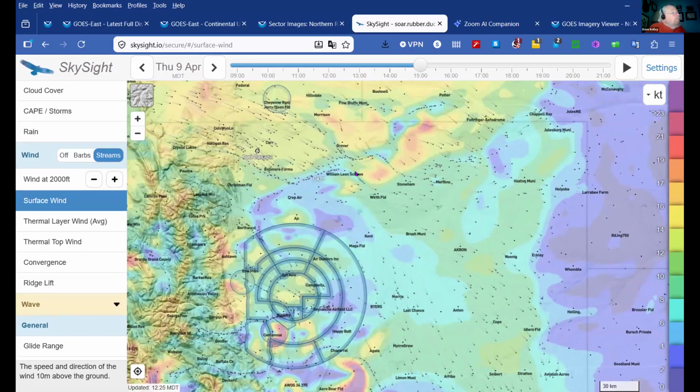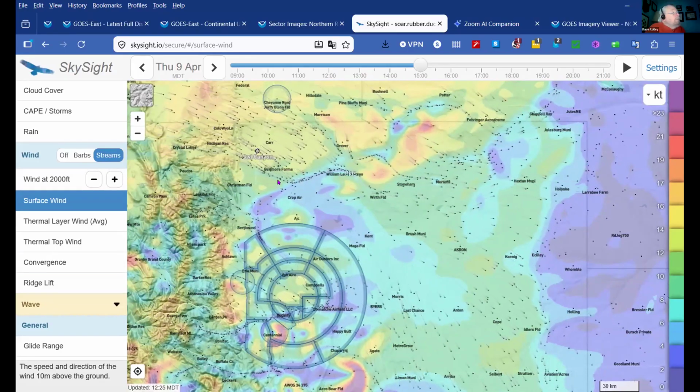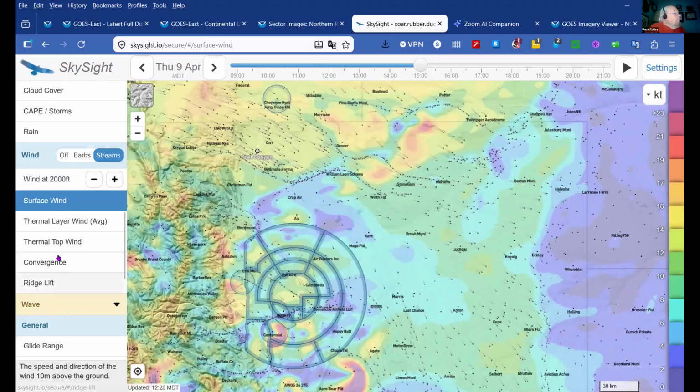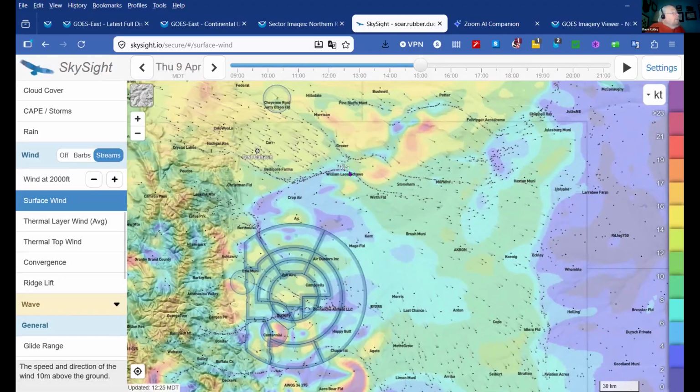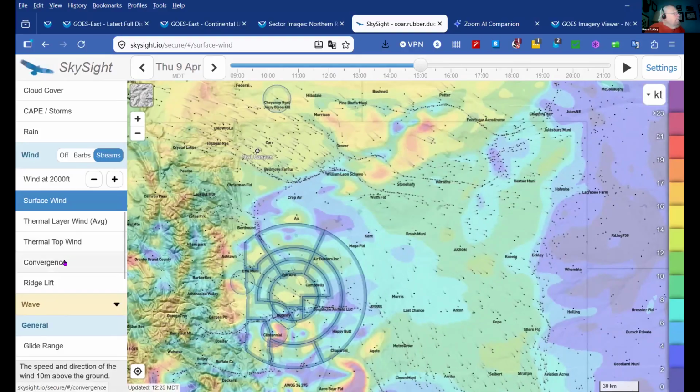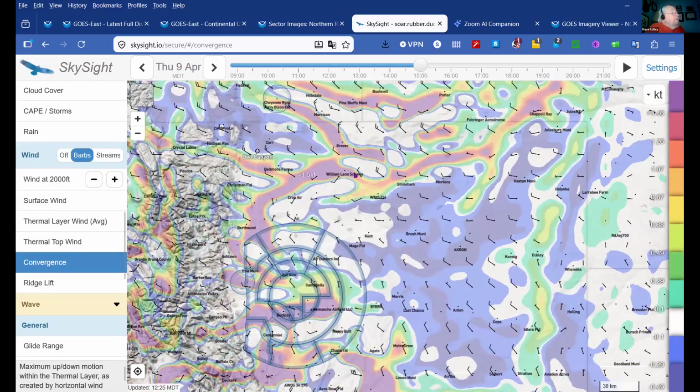And remember I said it looked like something was happening right there. Okay, now let's watch this line right there. Let's turn the convergence on. Gee, it lines up. Notice that the wind barbs are coming into this region from different directions. That's also an indicator that there may be convergence somewhere.